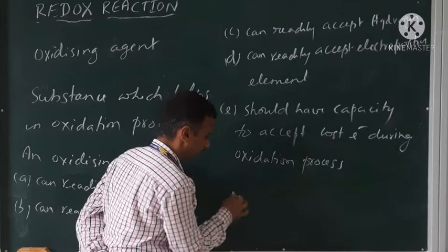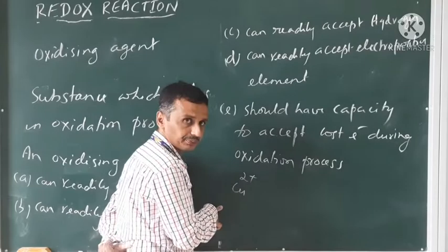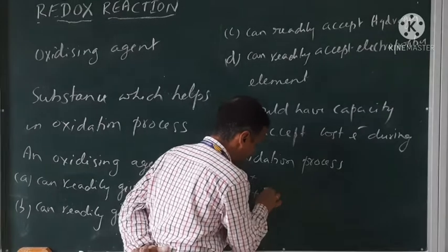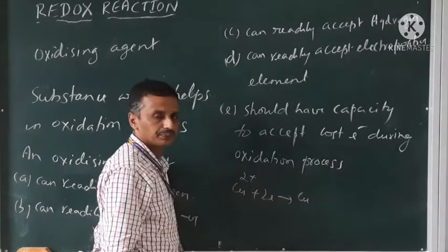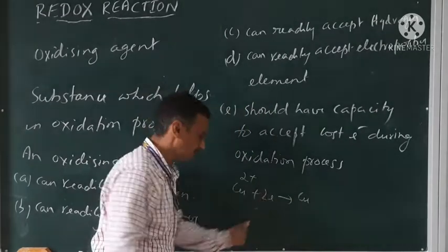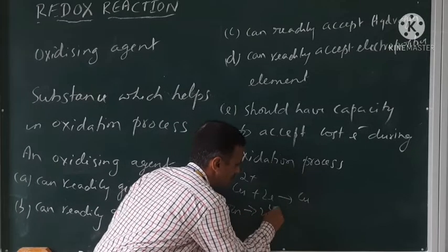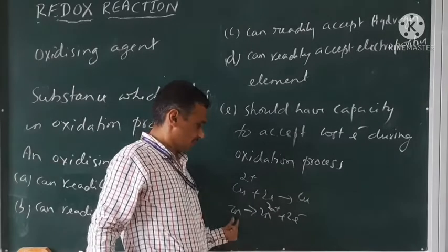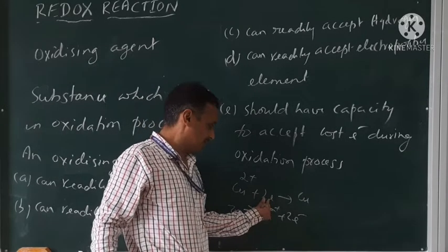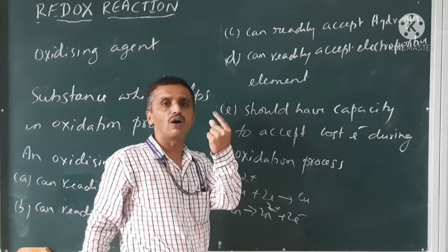Just see here, copper 2 plus is deficient of electrons, so it can take up the 2 electrons and convert into copper. From where did you get the electrons? You say zinc is there. Zinc is giving 2 electrons. So by taking the 2 electrons, copper is helping the zinc to undergo oxidation.